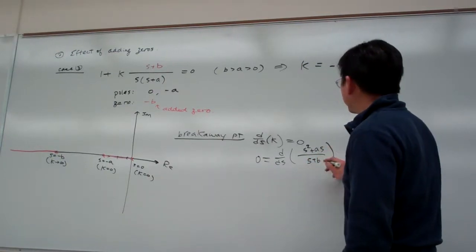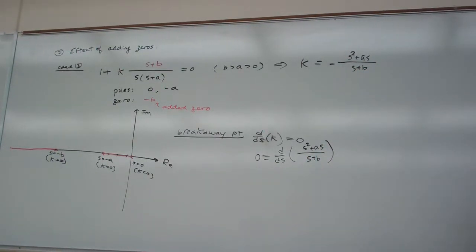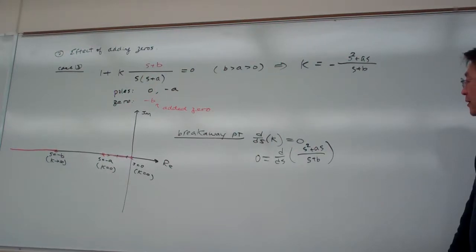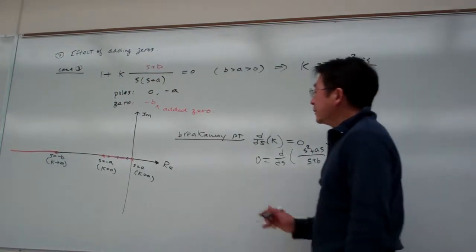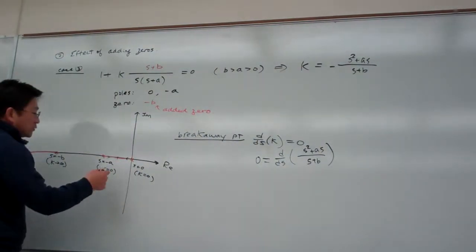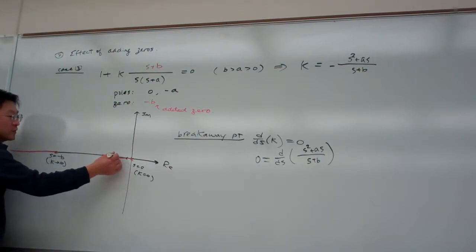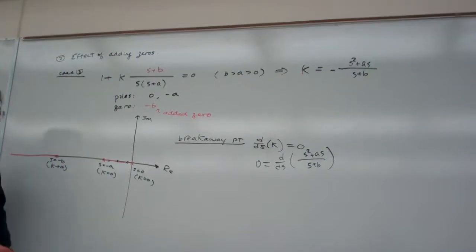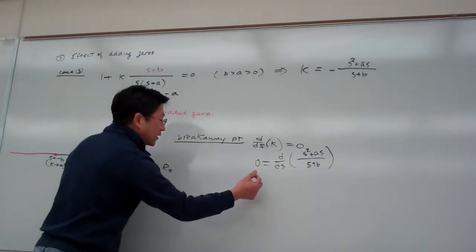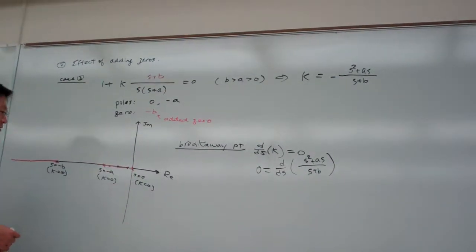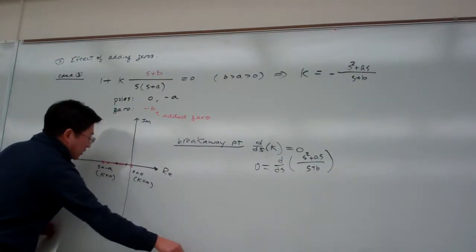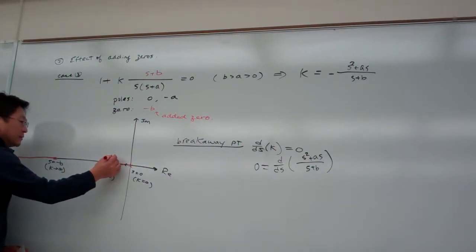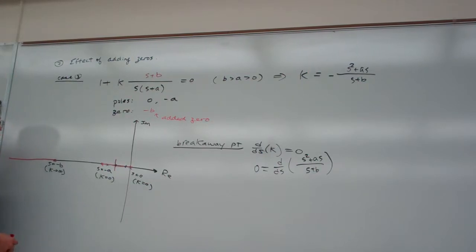So you implement this one. So here we are pretty sure the breakaway will be somewhere in between. Allow me to skip this one. To solve for this one, then you will know the position. So the breakaway will be here, somewhere here.